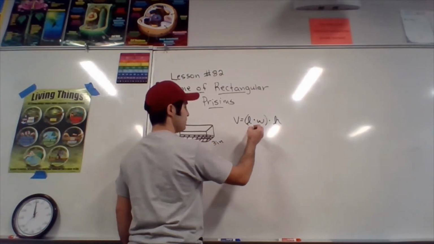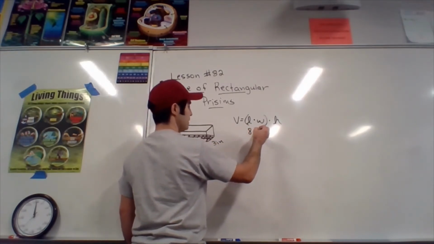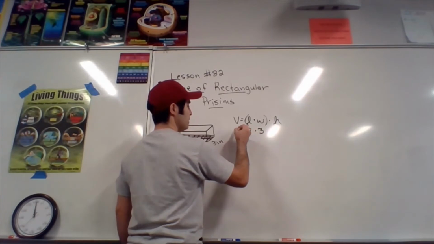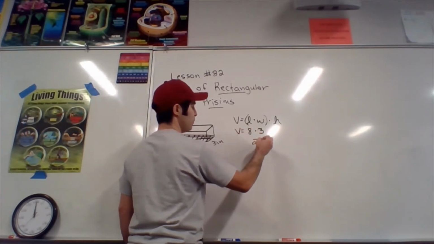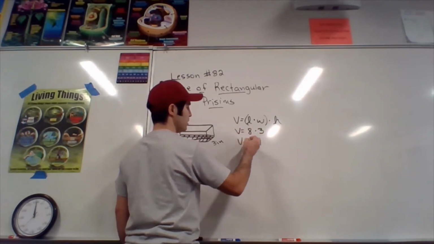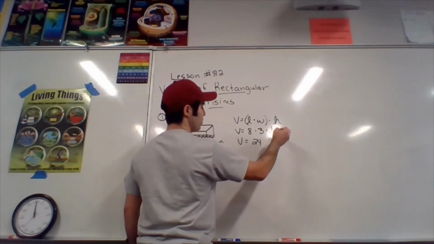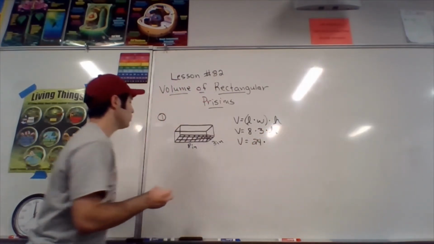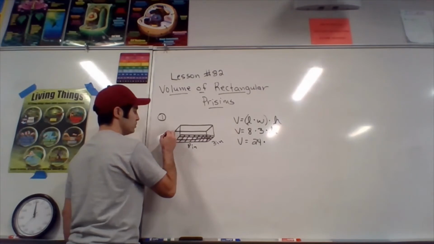So this would be 8 times 3. You do that first, you're going to get 24 inches squared. And then you take that and you multiply it by whatever the height is. Well, let's say the height is 3 as well.